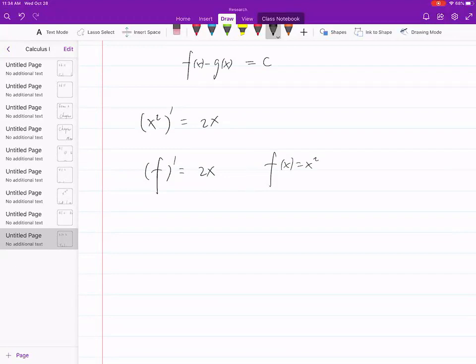Do you have another function which will also work? What's the derivative of x squared plus 1? 2x. Right? What's the derivative of x squared plus e? 2x. What's the derivative of x squared plus any constant? 2x.